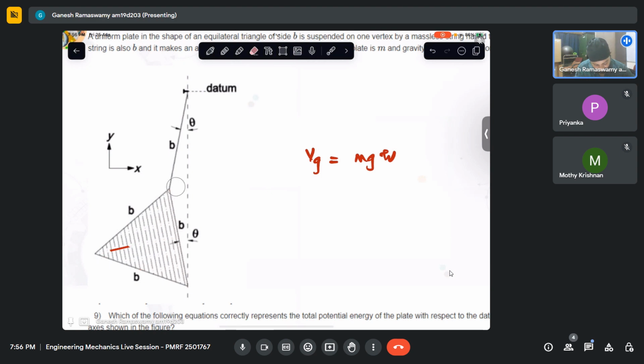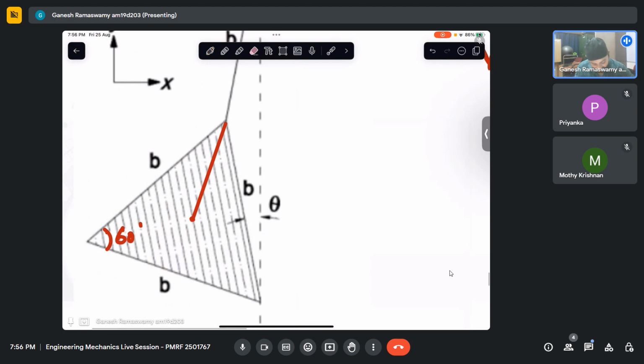And for an equilateral triangle, I know that one of the vertex angles is 60 degrees. So if this is 60 degrees, this is 60. So naturally this becomes 30.